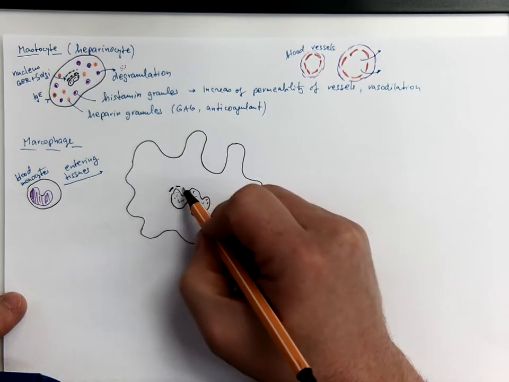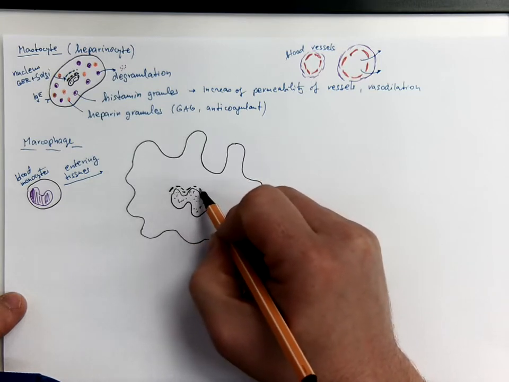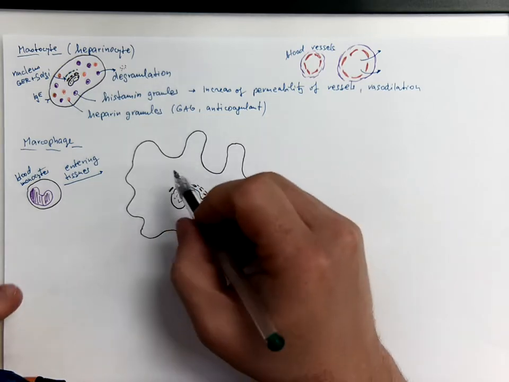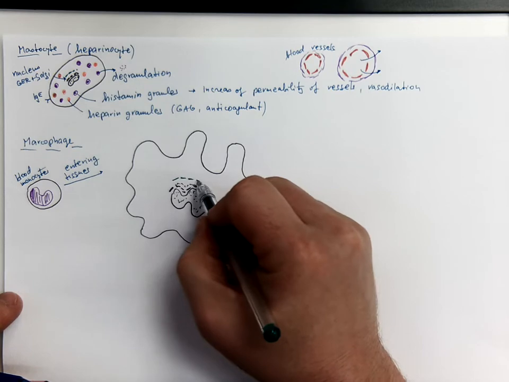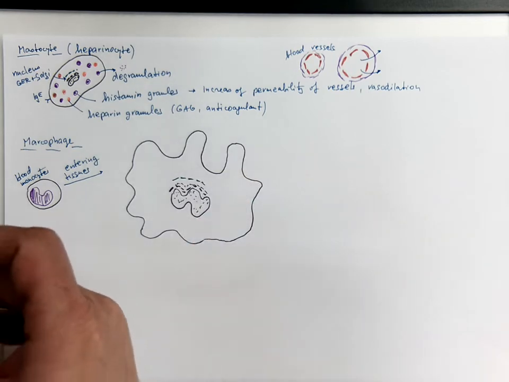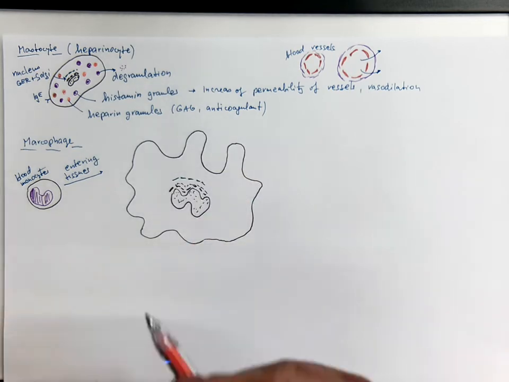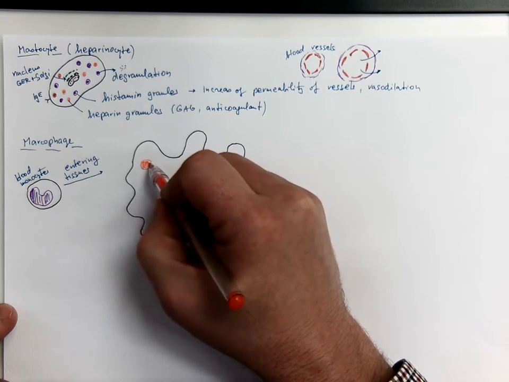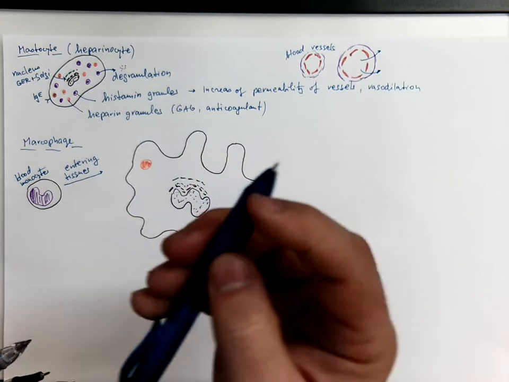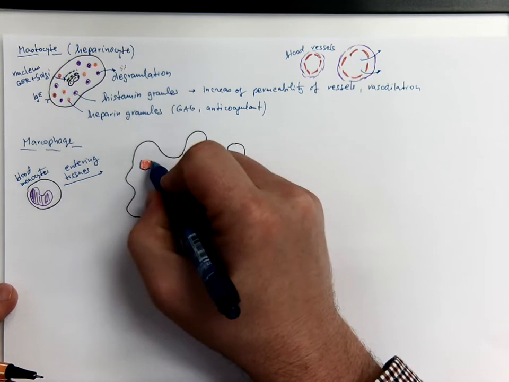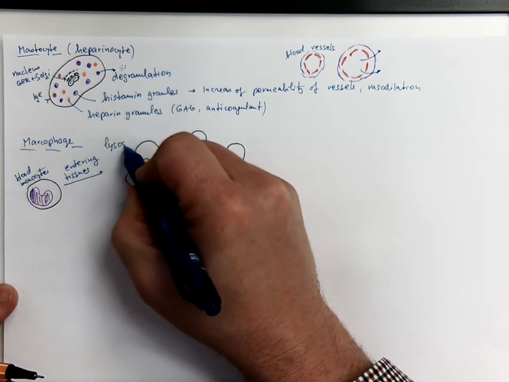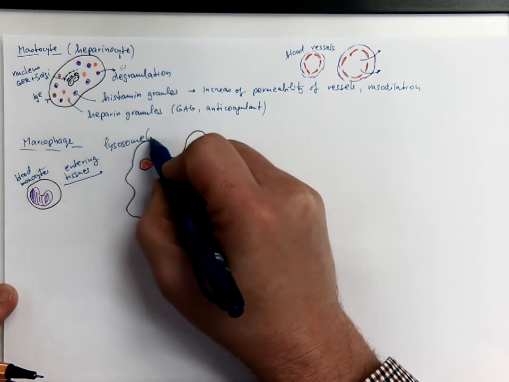There is also endoplasmic reticulum, Golgi complex, and one of the organelles typical for macrophages are lysosomes. They have very well developed lysosomes, membrane-bound organelles filled with enzymes. So lysosome with enzymes.